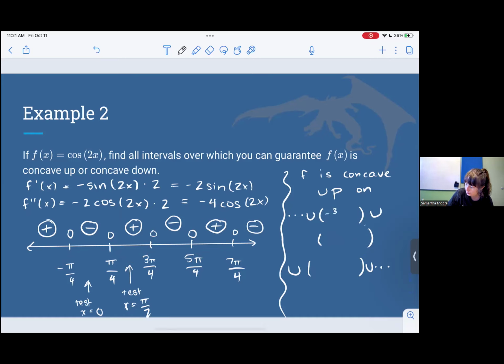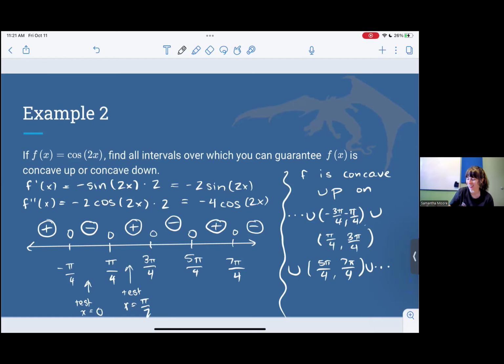So I would have negative 3 pi over 4 up to negative pi over 4, union pi over 4 up to 3 pi over 4, union 5 pi over 4 up to 7 pi over 4, and so forth, continuing that pattern in each direction on my number line. And so we found all places where f is concave up and concave down by looking at the sign of f double prime, and using a lot of our unit circle memory.